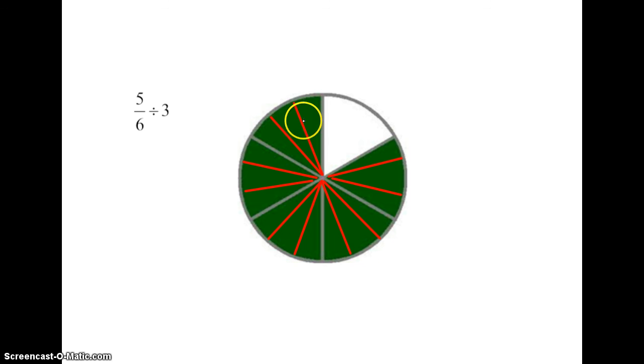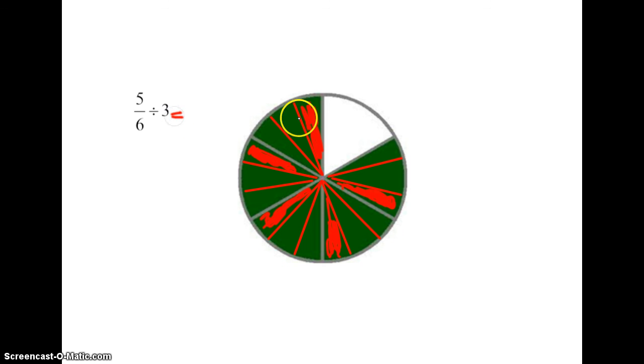And we're asked to take one slice from each of these sections. So there's one section, there's two sections, here's another slice from the third section, another slice from the fourth section, and another slice from the fifth section.